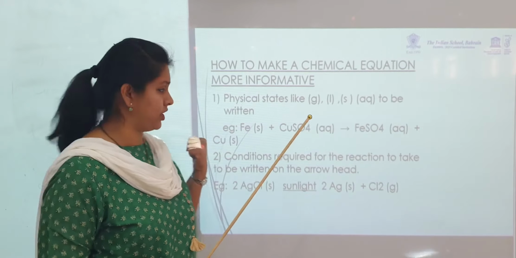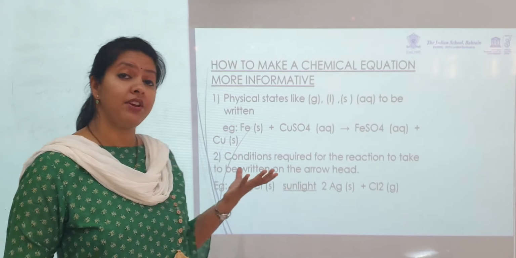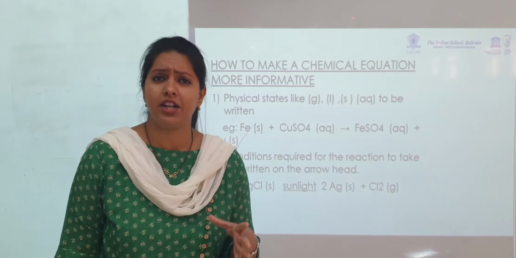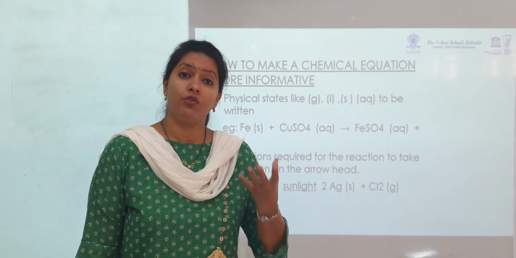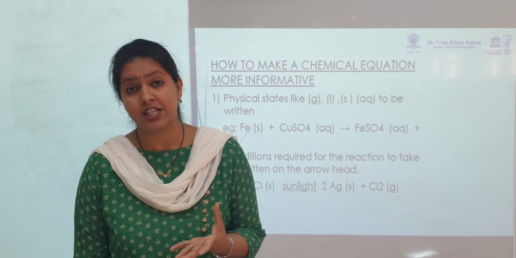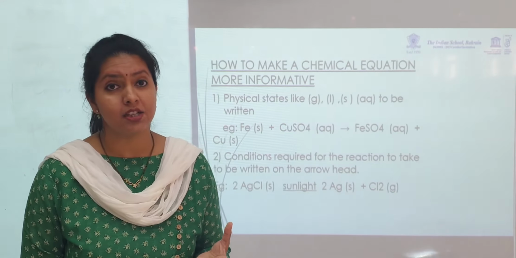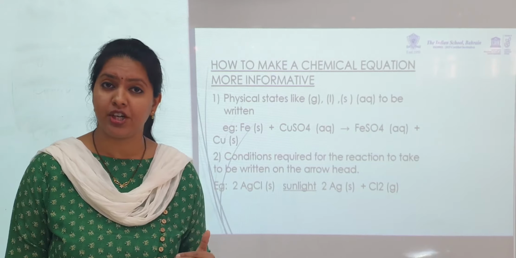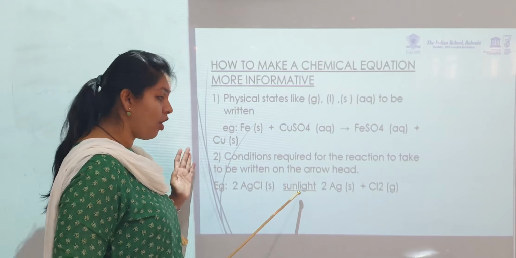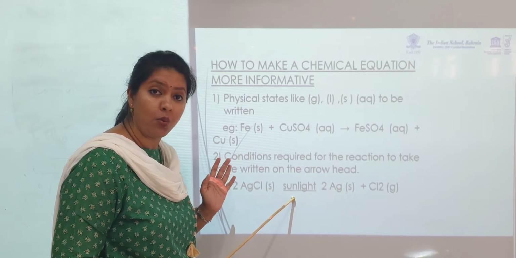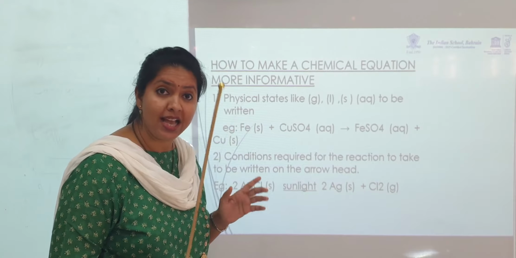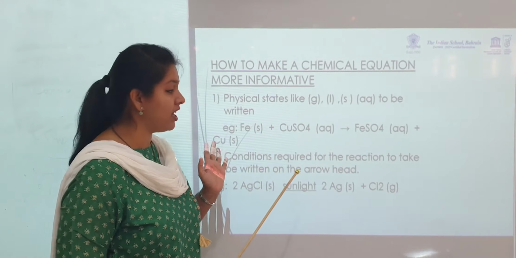What's the second condition? Next, there are some reactions, children, which will need certain conditions, in the sense that you may have to raise the temperature, you may have to heat it, you may have to add on a catalyst, you may have to maintain certain pressure. All that is mentioned on the arrowhead in a chemical equation. And when I mention that, my equation becomes even more informative.